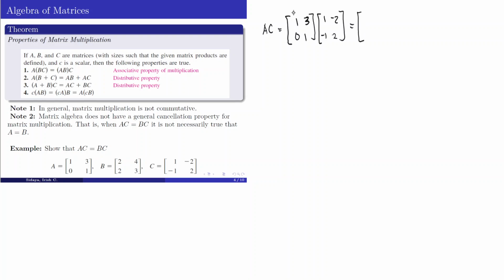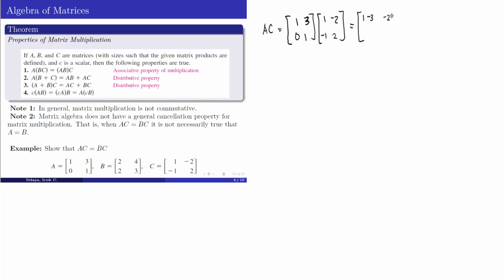We first multiply the first row of the first matrix, which is A, times the first column of C, and then we add the result. So we have here 1 plus -3, or 1 minus 3. Next, we multiply this first row to this second column. So that is -2.